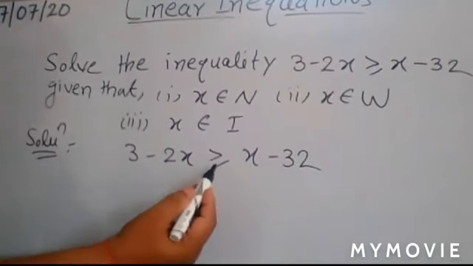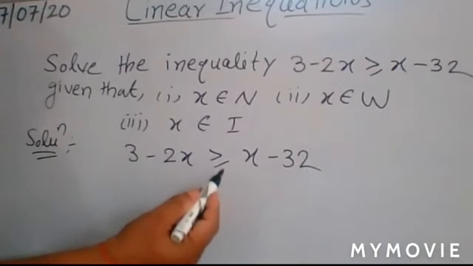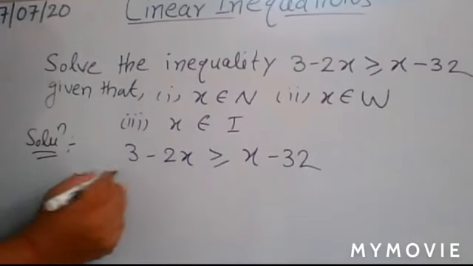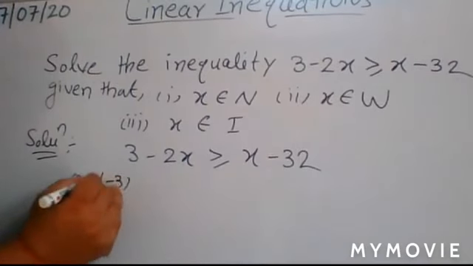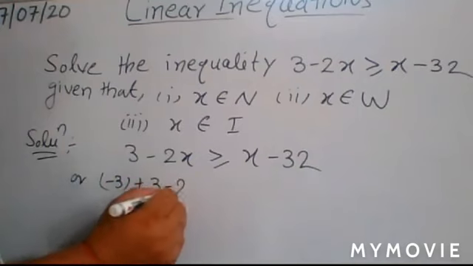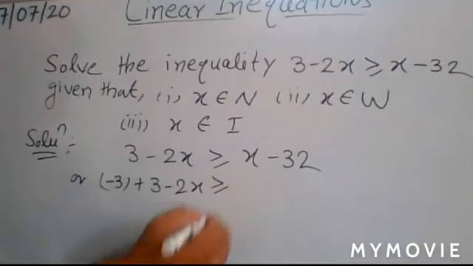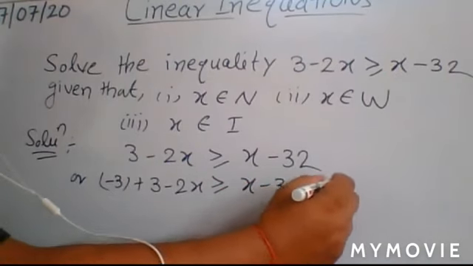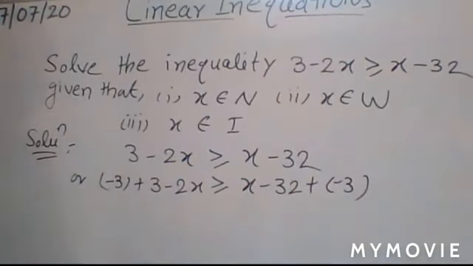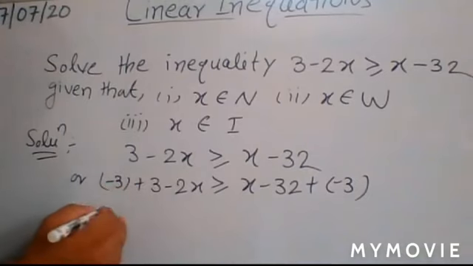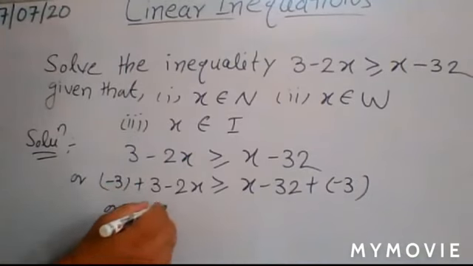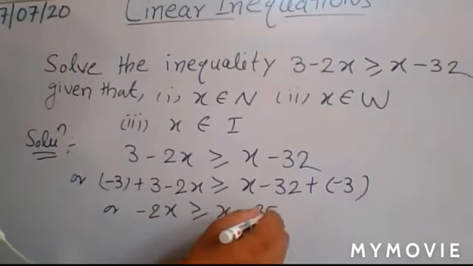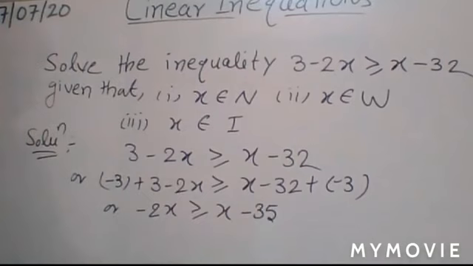The sign of the inequality is not affected. So -3 plus 3 minus 2x is greater or equal to x minus 32 plus -3. The 3 and 3 cancel out, and here you have minus 2x greater or equal to x minus 35.